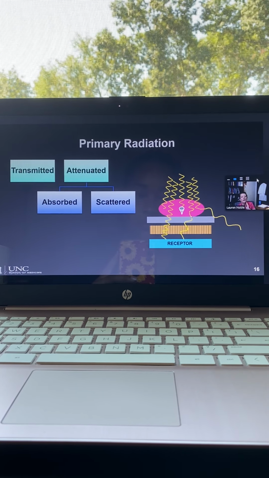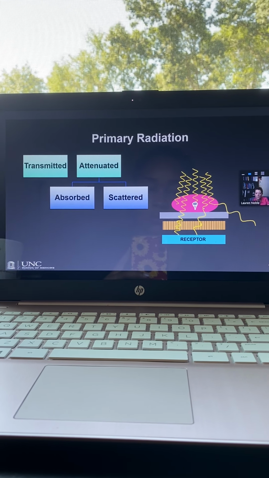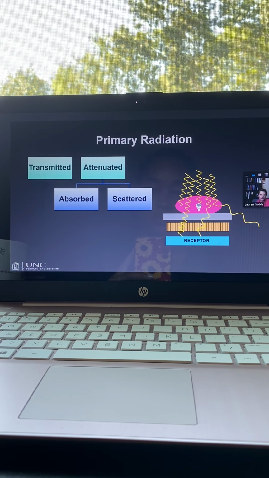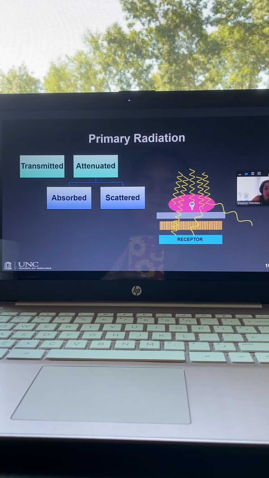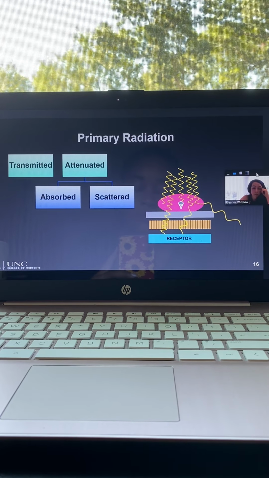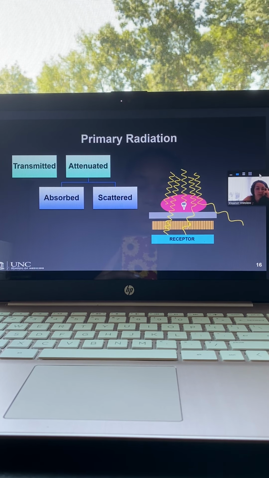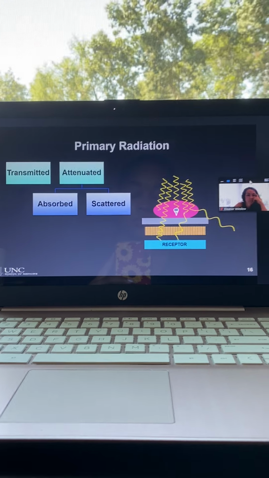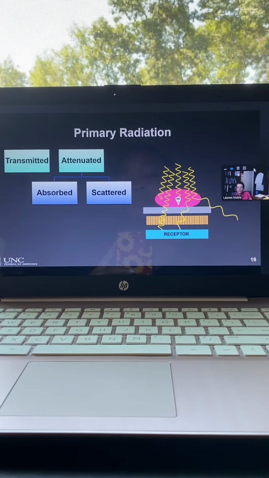Okay. How do I know that this was scattered? How do I know? By looking at it. There's a change in direction and it's got a longer wavelength, lower frequency, less energy.